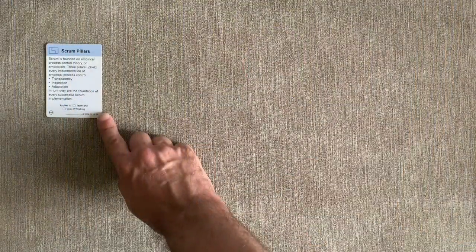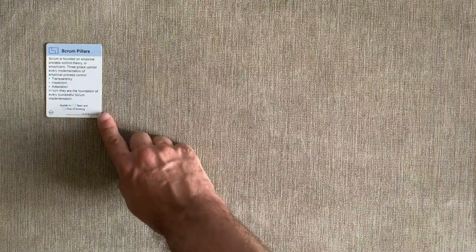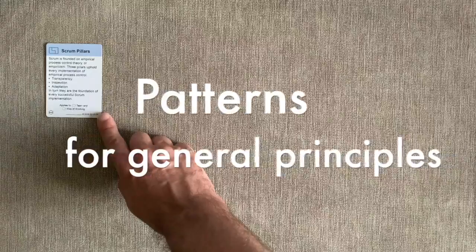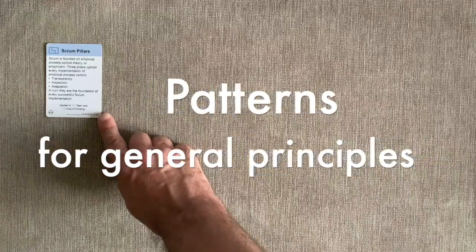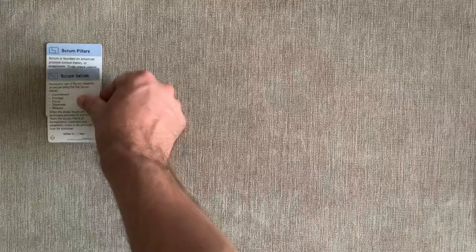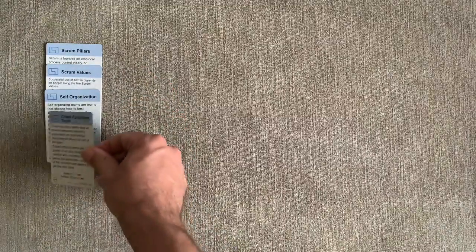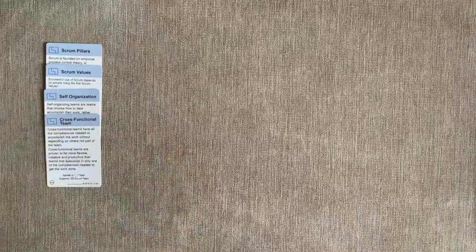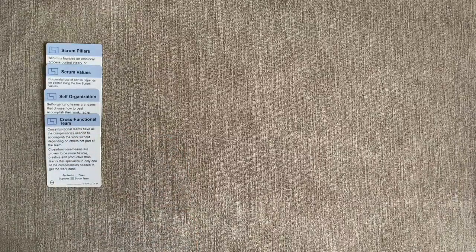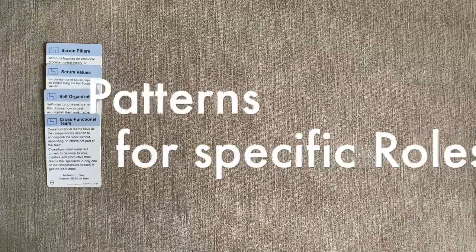Each practice is described by a few different kinds of cards. These first ones represent the overall patterns and principles with the Scrum pillars, the Scrum values, self-organisation, and a cross-functional team. The next few are more specific patterns that represent the roles.